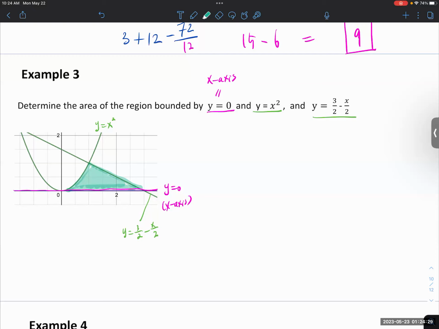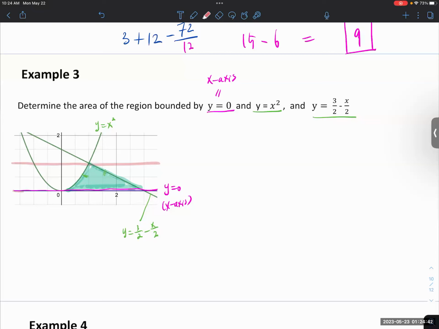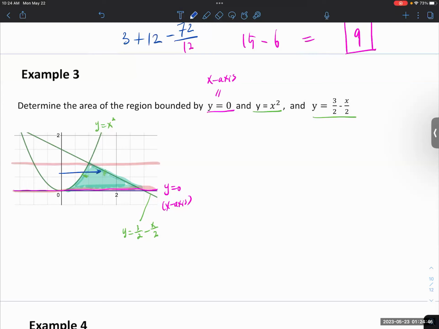So 1, 2, 3 equations surround the region right there. When you look at this, the area is not easy to set up based on x, because it's hard to compare which one is higher. But when you look at the interval horizontally, it's much clearer that this height is always higher than the quadratic. Are you following?